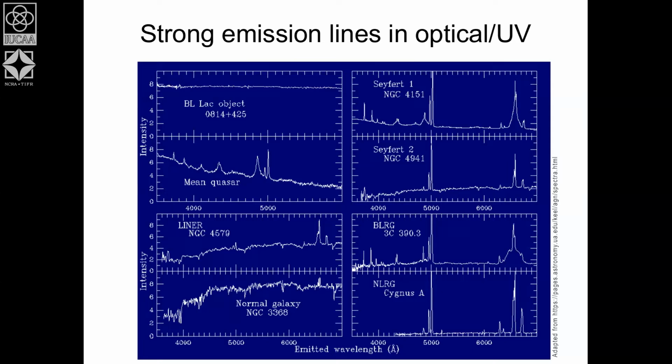Normal galaxies will have very weak continuum and absorption lines, but BL Lac type AGNs will have very strong continuum. And the BL Lac type objects are actually identified from their radio emission, from the jet, which is dominated in the radio band, and even in the gamma ray band, for example. So one uses different information.